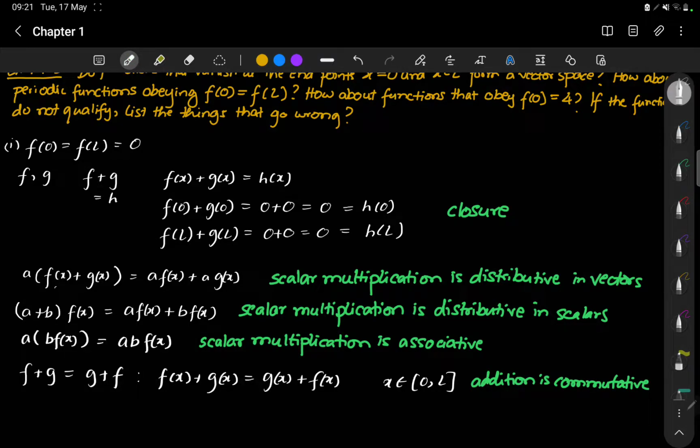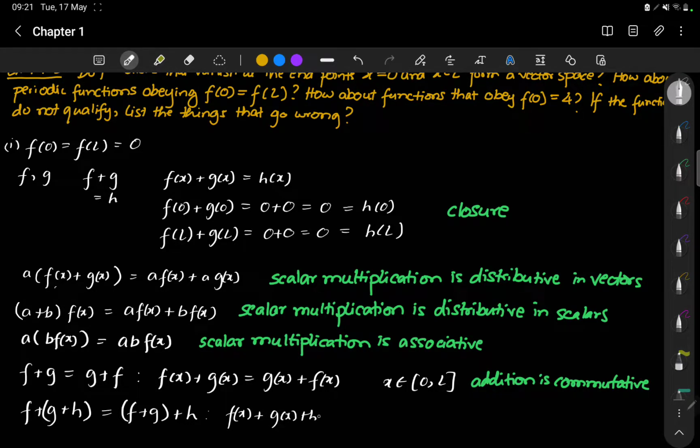Next property is about addition being associative. What does that say? That f plus g plus some other function h, we can group them in different manners like this. So this is showing that addition will be associative. How can we make this claim? Again, we will take some point x and do this pointwise addition.